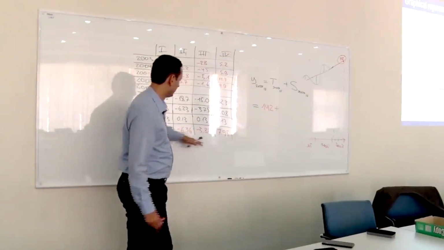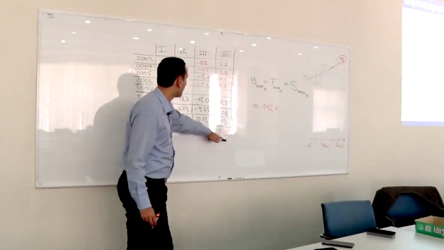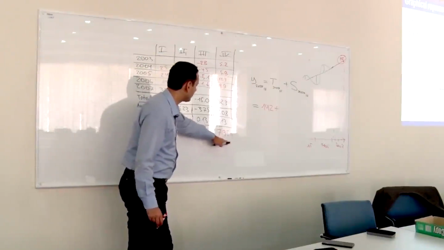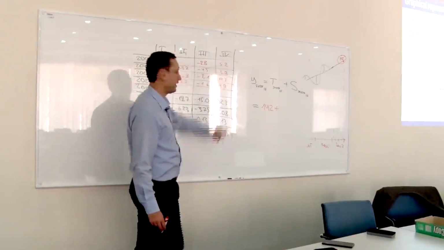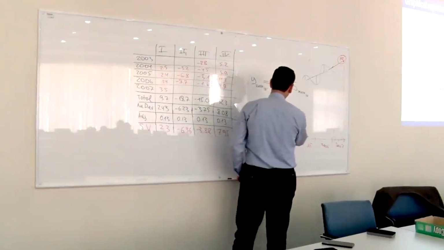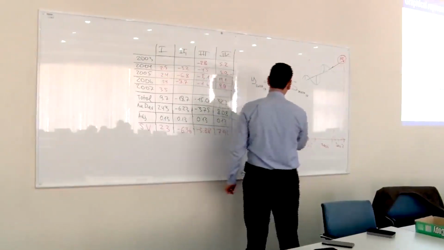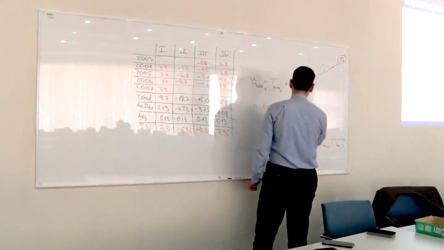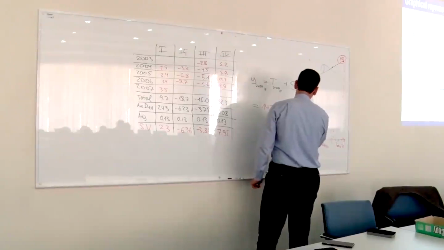Which one? This one, right? Why? Because this is the seasonal variation for the fourth quarter, right? So this plus 7.95, you're going to get 149.95, right?